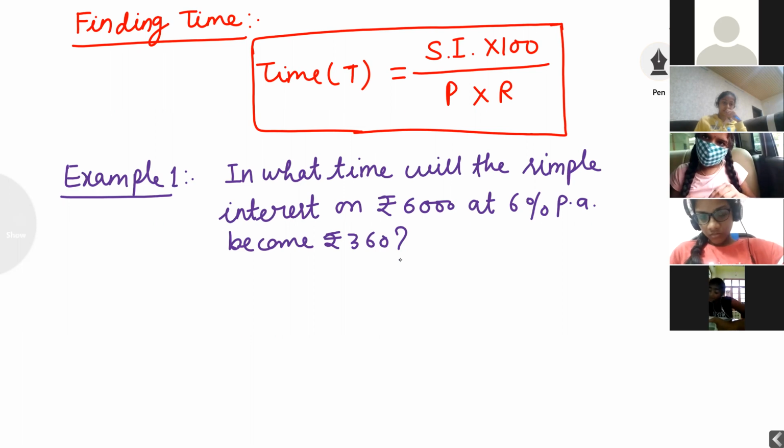Always principal will be the big amount. Understood? Here he has mentioned the principal, but sometimes they will not directly mention in the question. Then we need to identify what is the principal, what is simple interest. Always big number will be principal. Okay, we are going to solve this question. Don't worry.